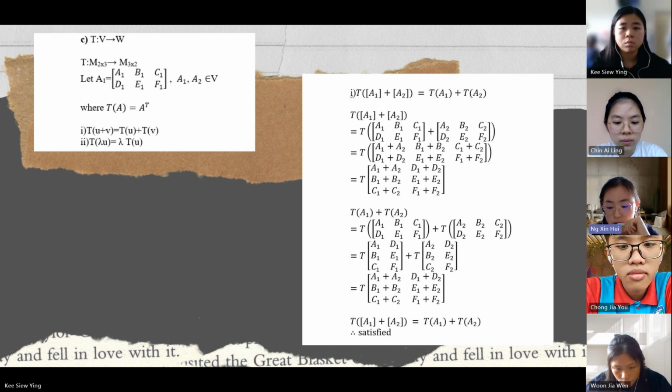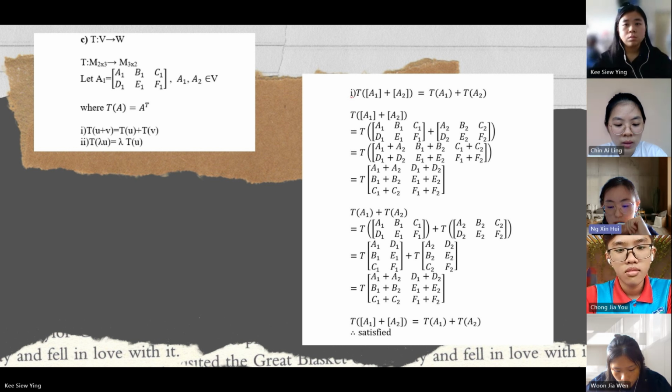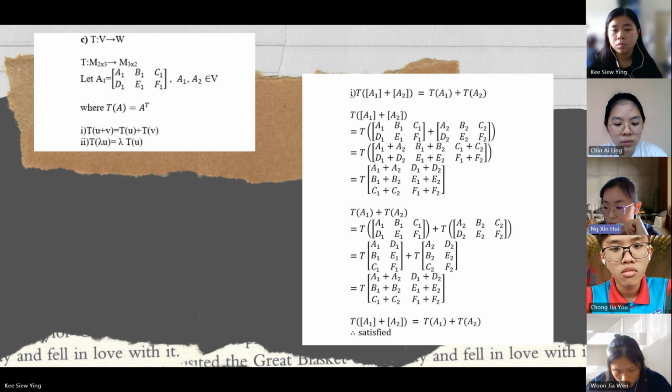Now, we solve the first requirement, which is the transformation of the sum of vectors A1 and A2 equal to the transformation of each of the vectors and summing up. From the left-hand side, the transformation of the sum of vectors A1 and A2 will obtain (a1 + a2, b1 + b2, c1 + c2, d1 + d2, e1 + e2, f1 + f2). By transposing it, we get (a1 + a2, d1 + d2; b1 + b2, e1 + e2; c1 + c2, f1 + f2).